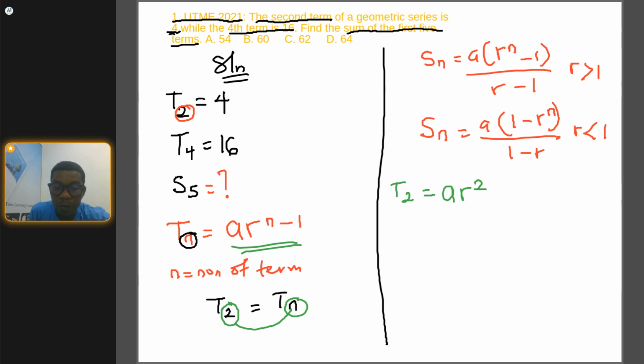N is 2, so 2 minus 1 gives us a r raised to power 1. Now, what about when we have T4? What is the value of n when we have T4? Can you give me the response in the chat box or in the comment section, for those following us on YouTube? What is the value of n when we have T4 equals 16?